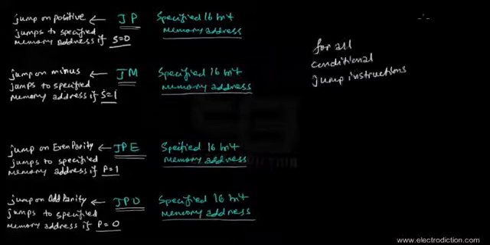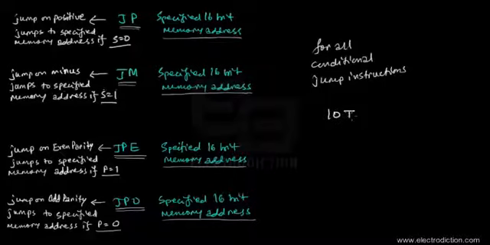Now it's to be mentioned that for all the conditional jump instructions, the 8085 consumes a time period of 10 T states, or rather 10 clock periods, if the condition holds true.